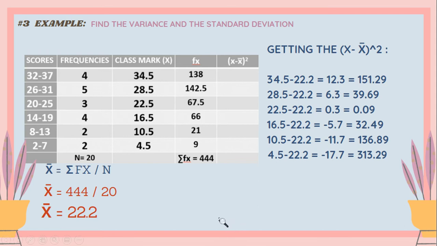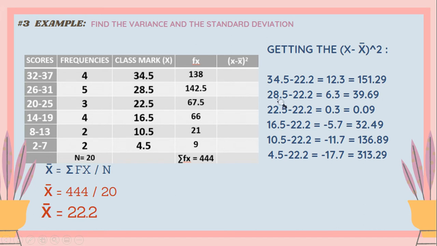Then after solving for the mean, we are now going to continue finding the other additional columns, which is x minus mean squared. So you just need to subtract the mean from the class mark and then square your answer. So 34.5 minus 22.2 is equal to 12.3 and then squared, so it will be 151.29.